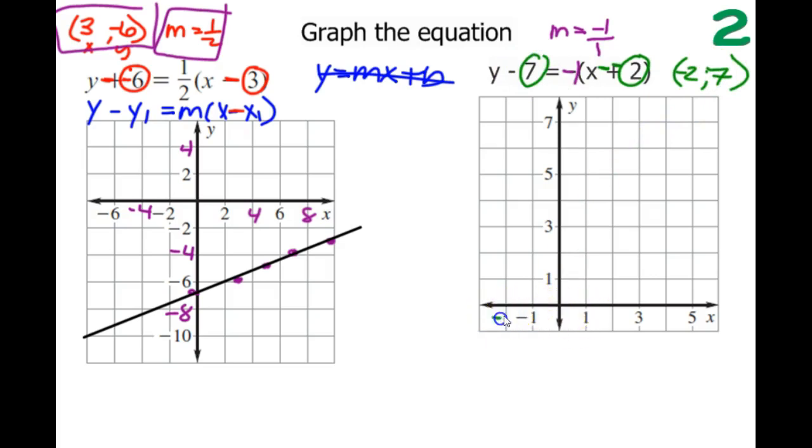So the point negative 2, 7 is right here. x is negative 2 first, and then up 7. And our slope is negative 1 over 1. So down 1 and 1 to the right. Down 1, 1 to the right, and draw your line. Double check to make sure that you have a negative slope. We'd be walking downhill, and that's exactly what this says, negative.